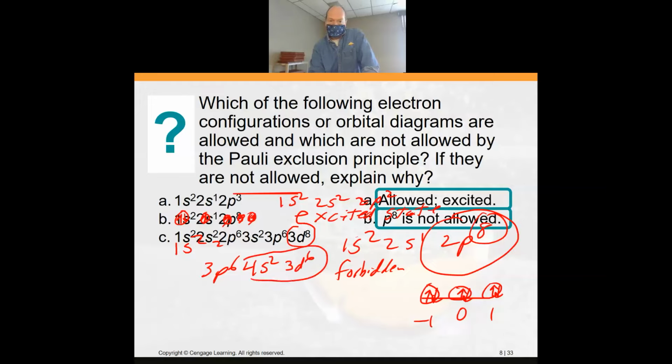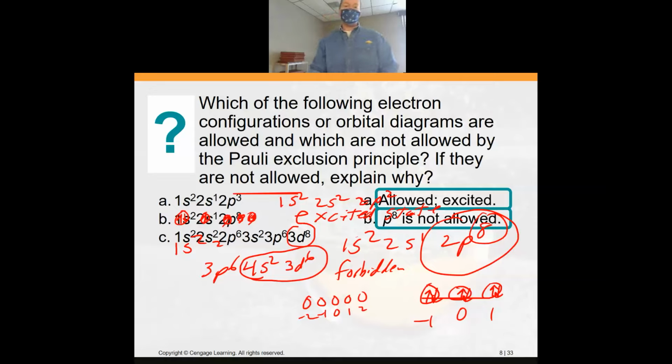All right. And so what happened is they put the 4s2 electrons up into the 3d. And the d orbitals, there are 5 d orbitals: 0, negative 1, negative 2, 1, and 2. And so you can fit 10 electrons in the d. So having 8 electrons in a d subshell, that is perfectly fine. Having 8 electrons in a p is forbidden.